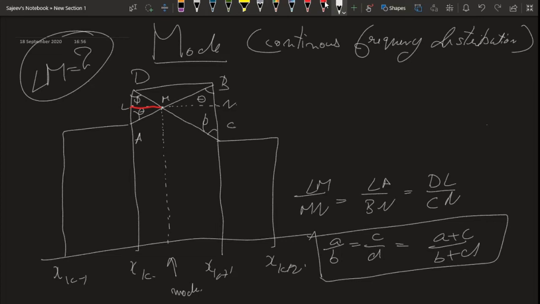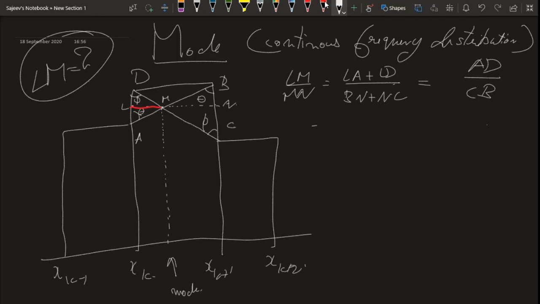So when we use this formula, we have LM by MN is equal to LA plus DL by BN plus CN. Now that is equal to, if we look at our diagram, AD by CB, right? Yes, that's what we are left with.